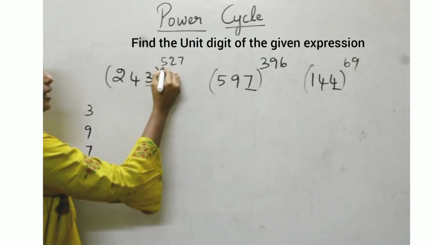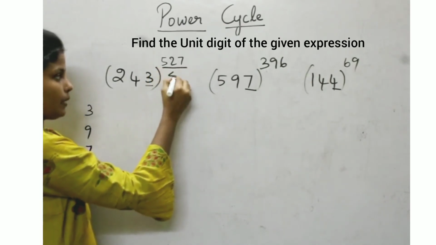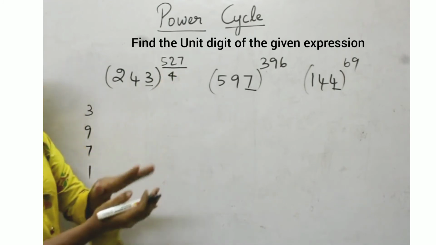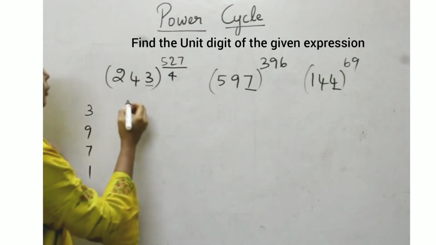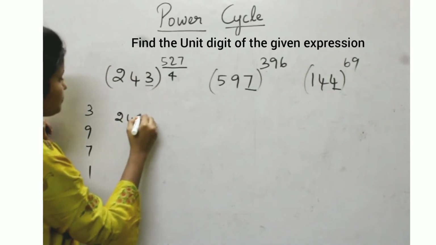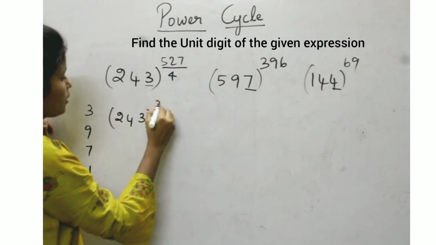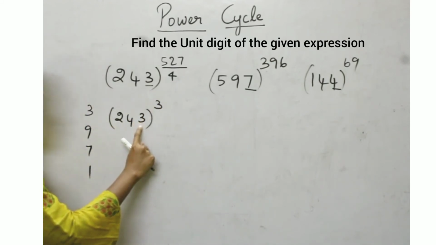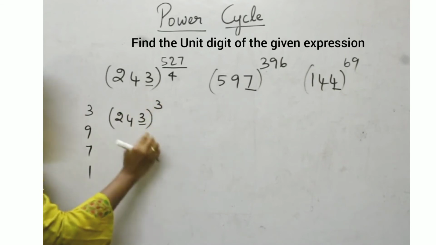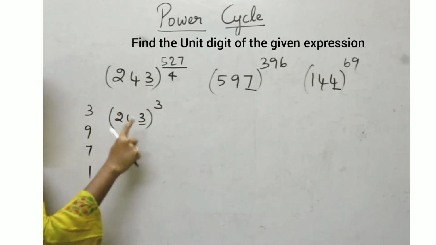So divide the number in the power by 4 and get the remainder. If you divide 527 by 4, you will be left with a remainder 3.